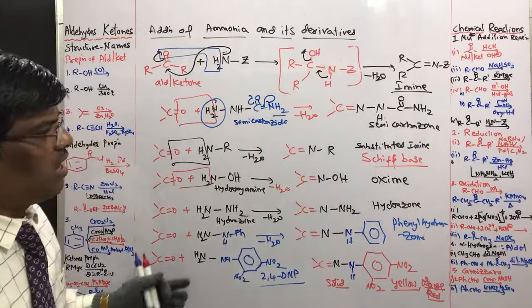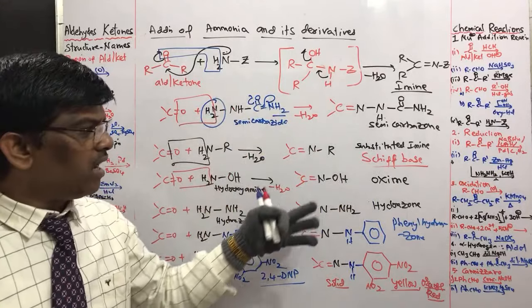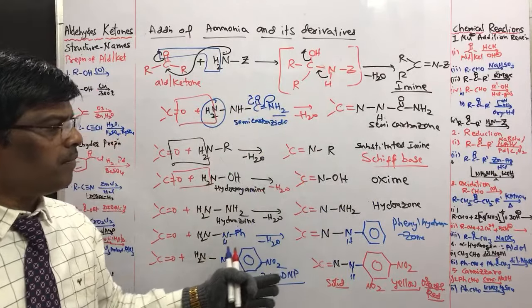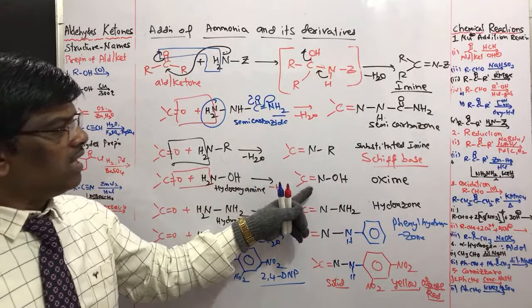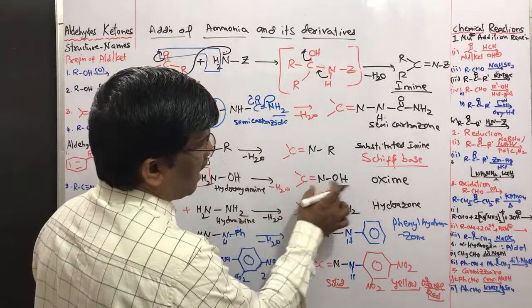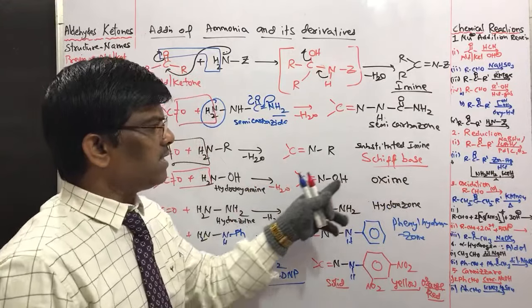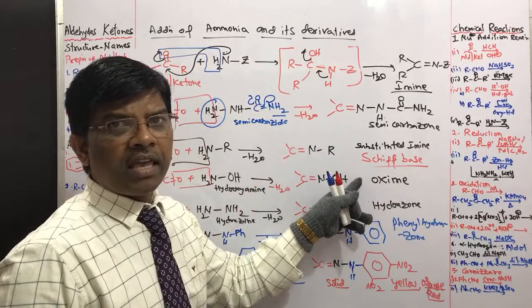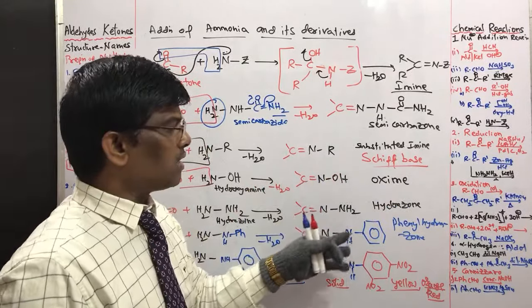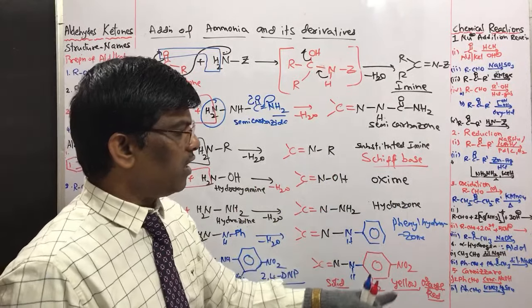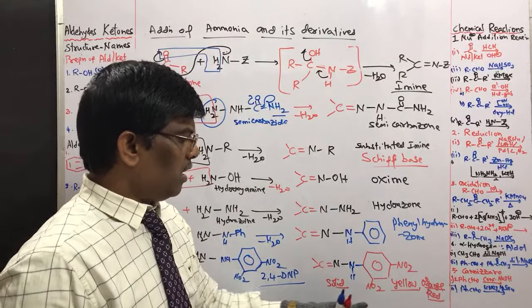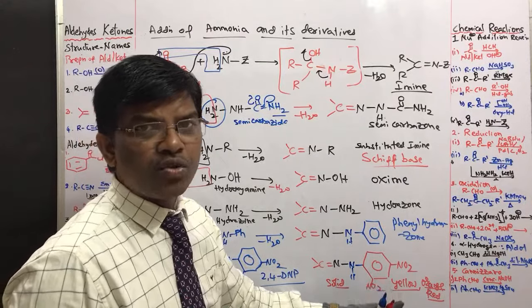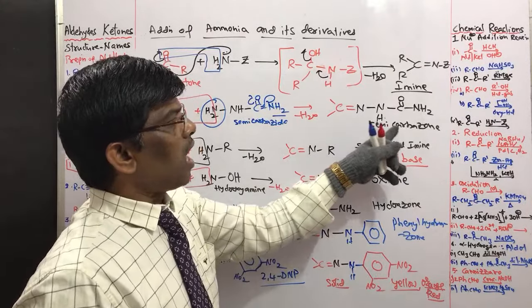So simply you will say oxime, like ketoxime, aldoxime. Yes. So this oxime, if it is aldehyde, aldoxime. If it is ketone, ketoxime. Yes, friends. So ketoxime, aldoxime, hydrazone, phenylhydrazone, 2,4-dinitrophenylhydrazone, and semicarbazone.